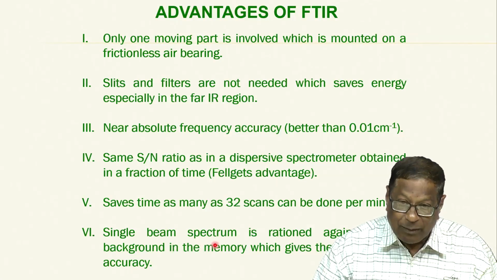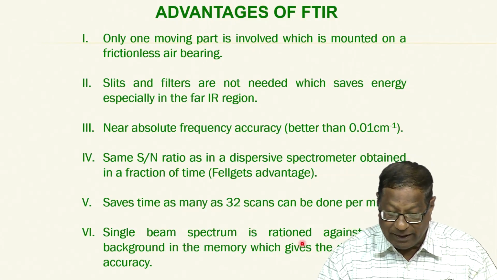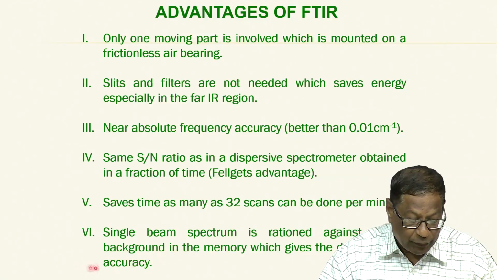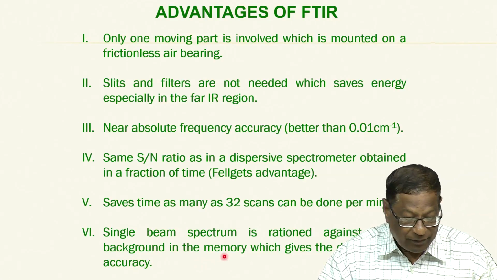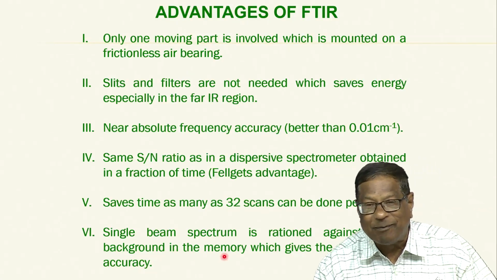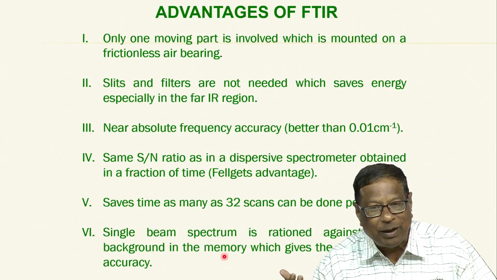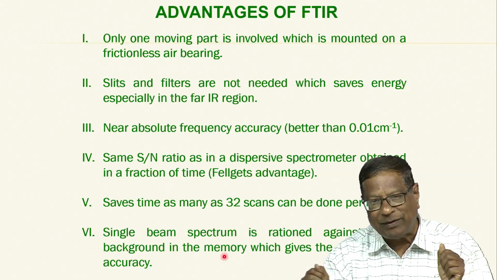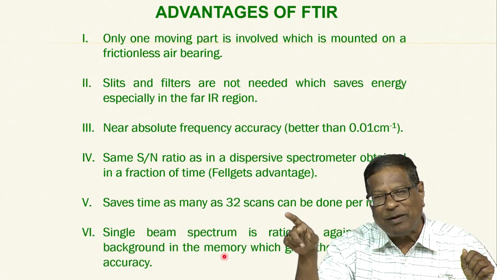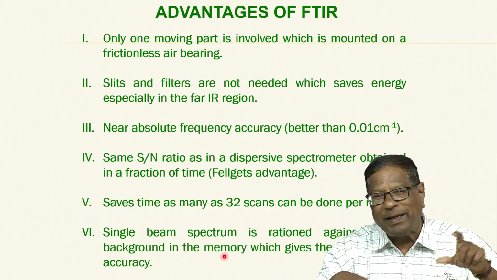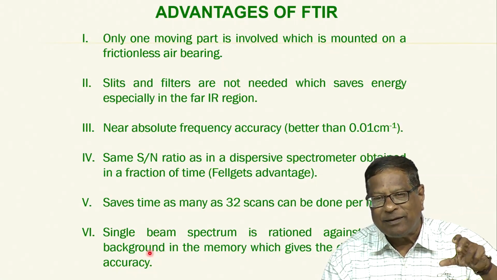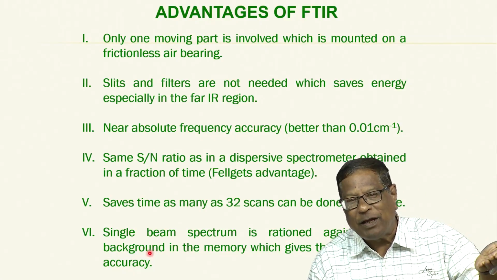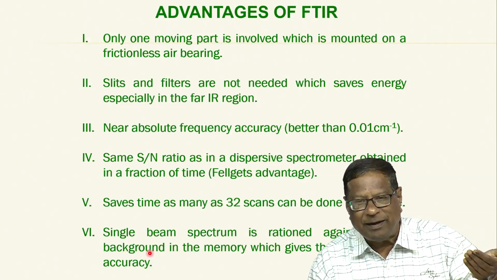And then a single beam spectrum is ratioed against a stored background in the memory, which gives double beam accuracy. That means, in double beam, I use only 50% of the radiation passing through the sample, the remaining without passing through the sample, so that I can compare the ratio of the sample to that of the untreated sample.